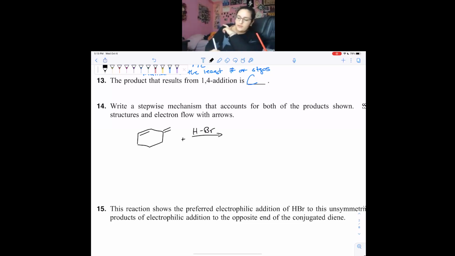Okay, so the first thing we're going to do is add the hydrogen, and we're going to assume everything is a Markovnikov addition. So the hydrogen is going to go to the least substituted side, and we end up with a carbocation here. If we were to just add the bromine at that point, we would get the 1,2 product, but we could also do resonance right here. That resonance is not going to change the hydrogen.